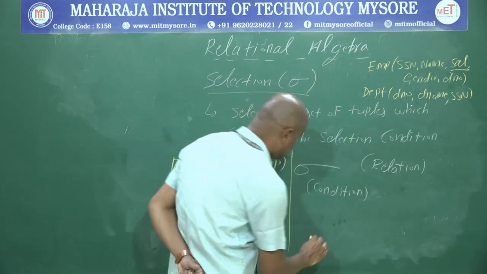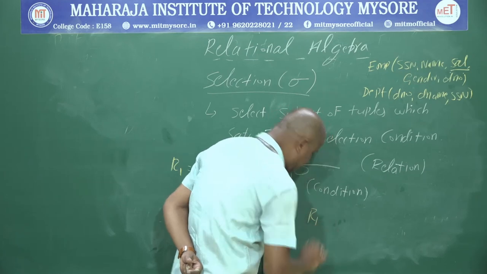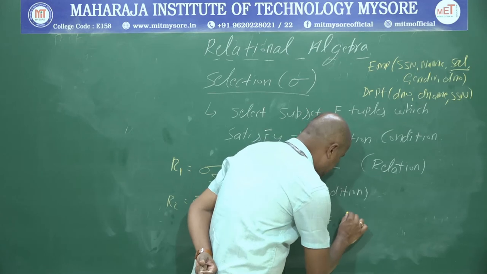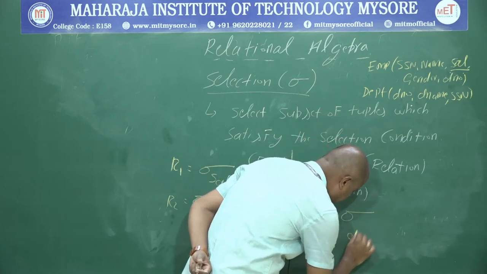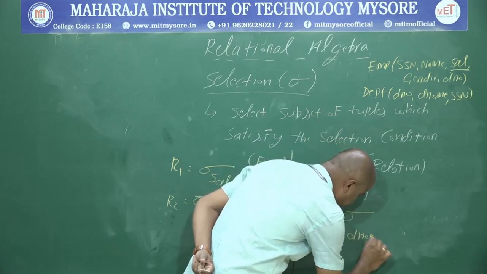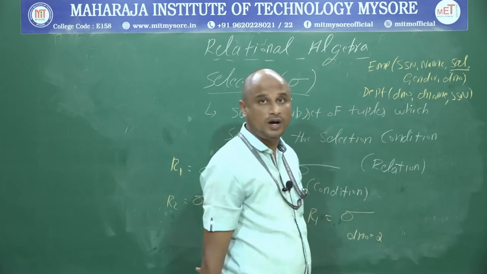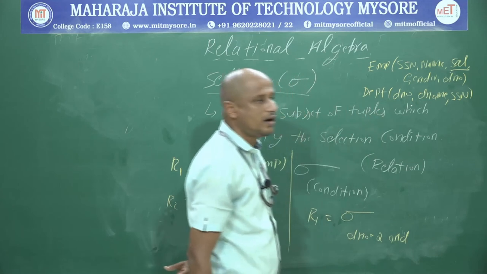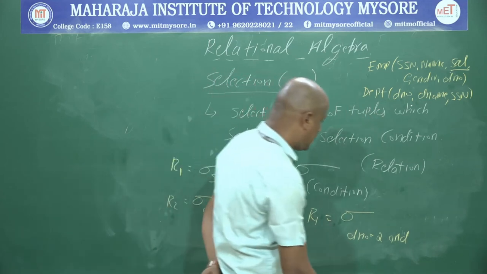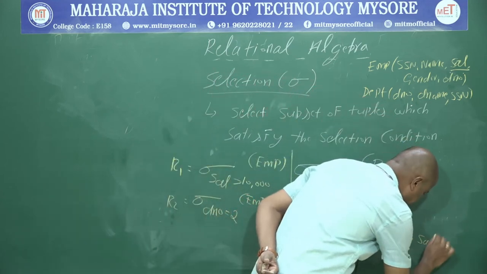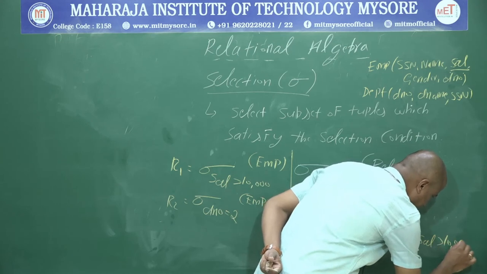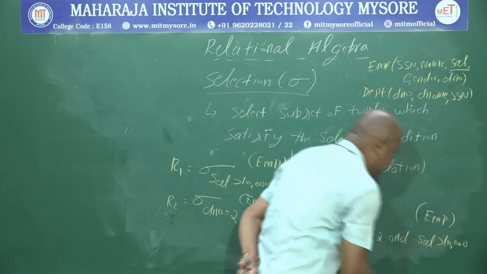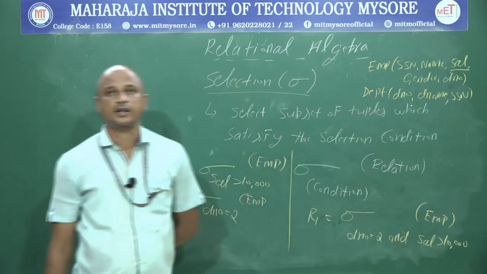How to write that? First I will go for relation R1, with the condition department number 2 and salary greater than 10,000 from the employee table.